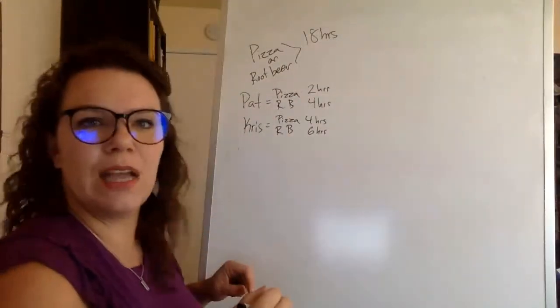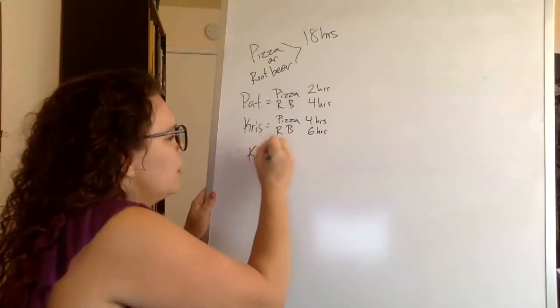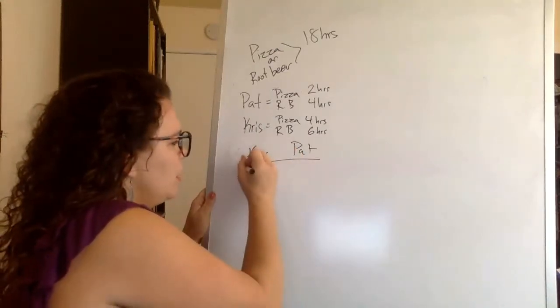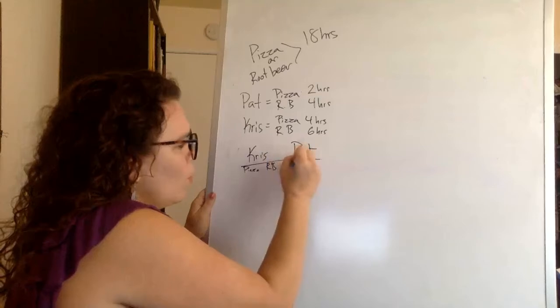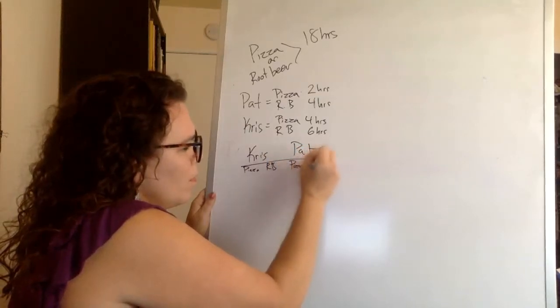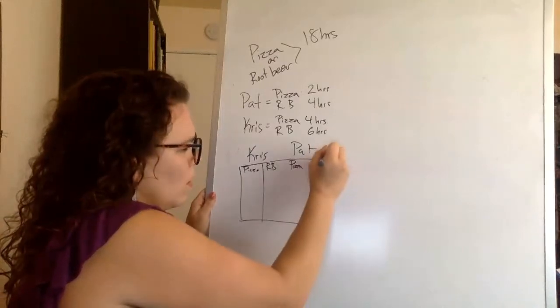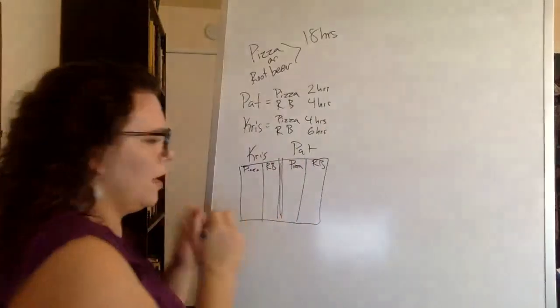For our purposes, I'm going to keep it simple, and I'm going to give a couple of options for pizza and root beer for both Kris and Pat.